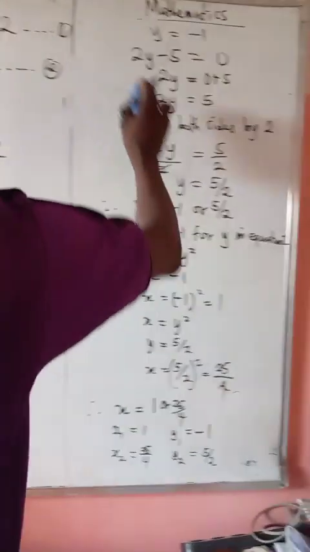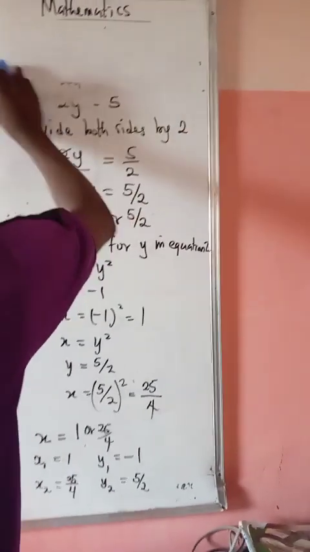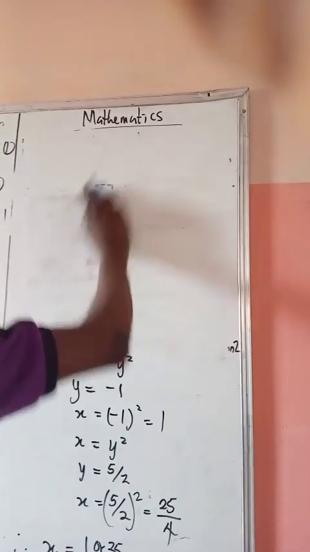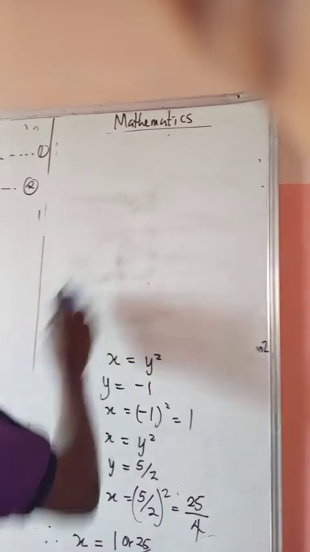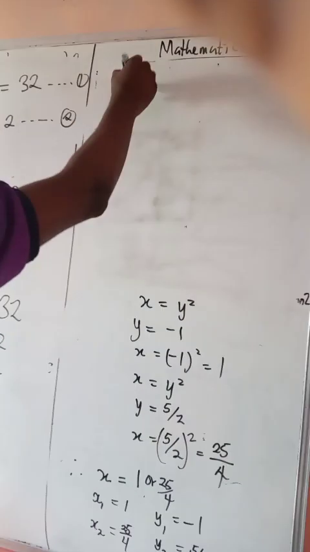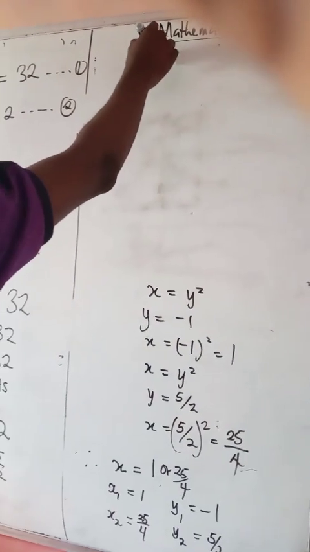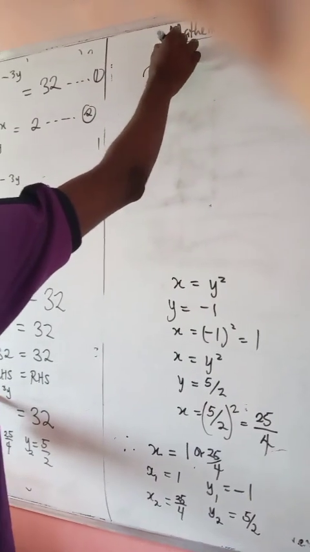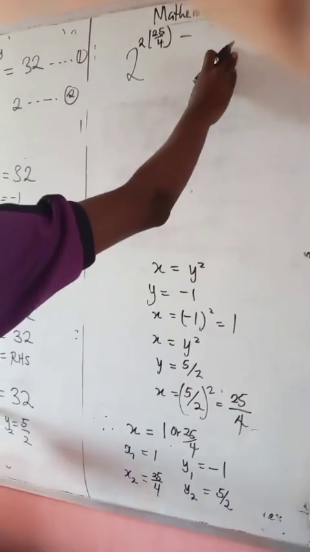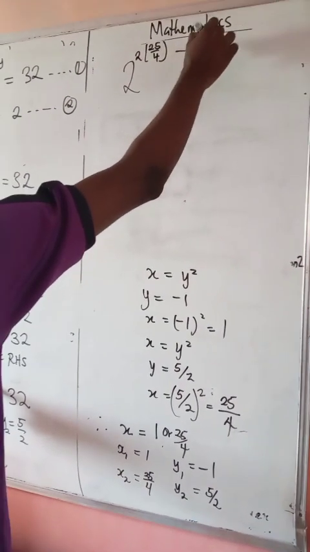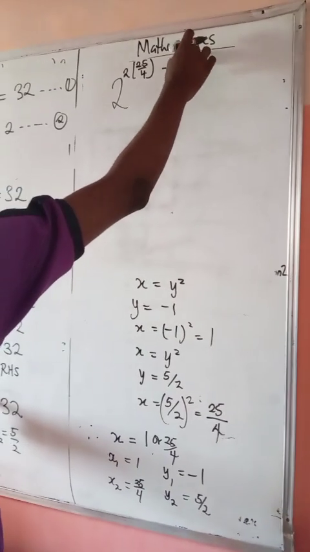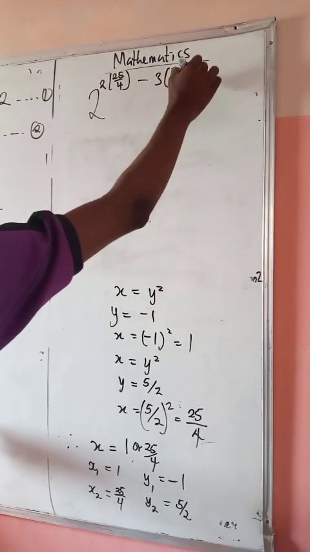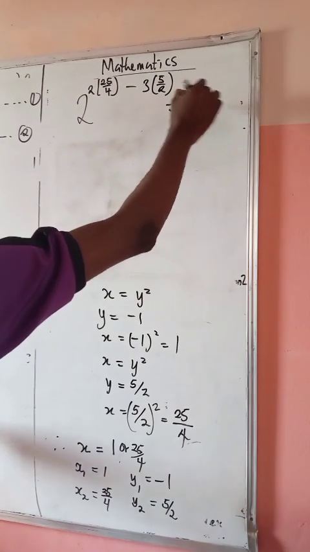Let's put that in one after the other. So we have 2 to the power of 2, where our x is 25/4. Then close your brackets. We have 3, then y is 5/2. Then is equal to 32.